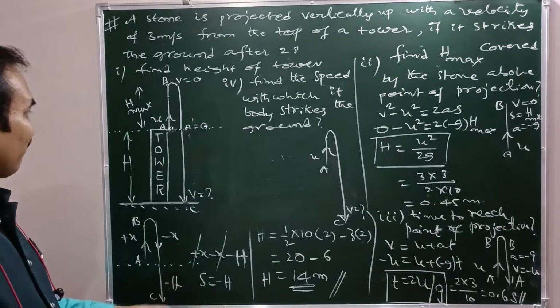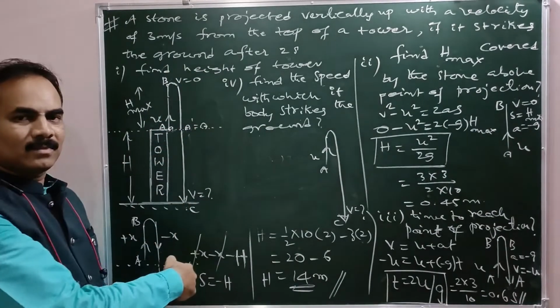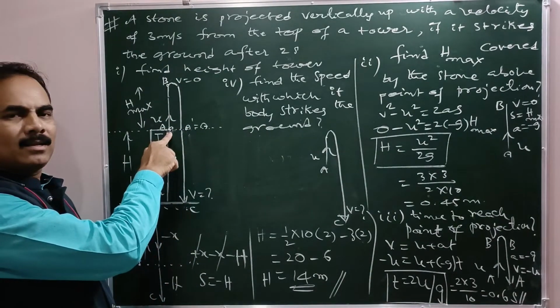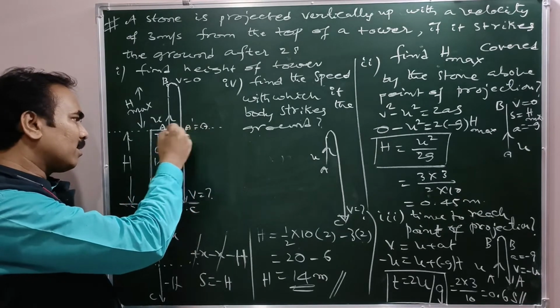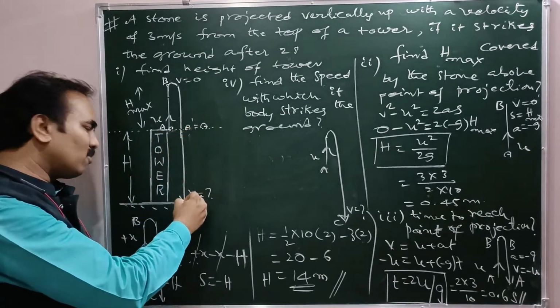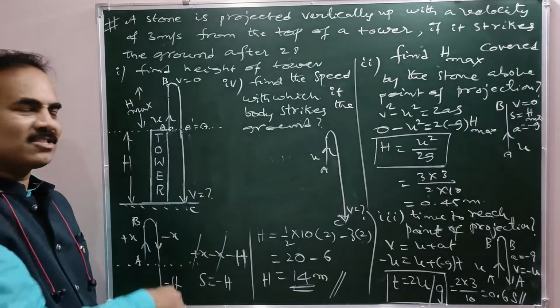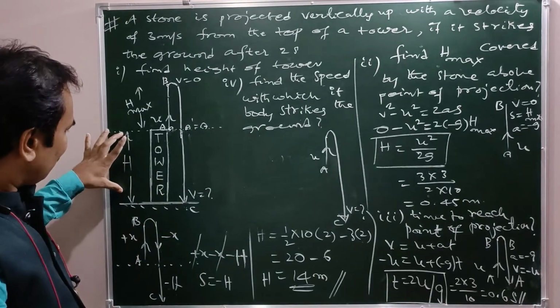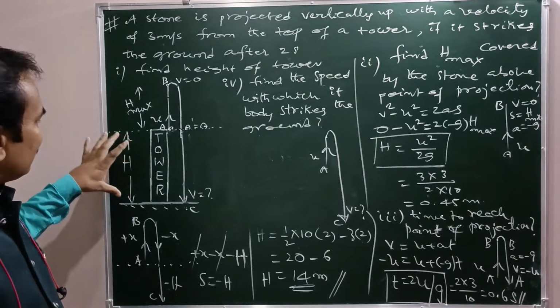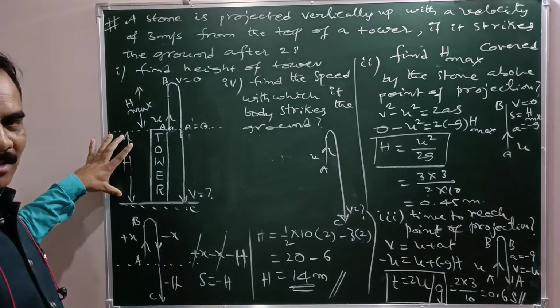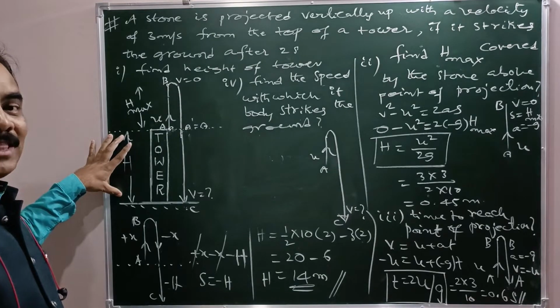As I told you, if you take the entire motion, the body moves further beyond the level of projection, crossing the level of projection and continuing up to here. So in such cases, displacement is the negative of the height from which the body is projected. This is the height from which the body is projected, and the displacement is the same with a negative sign.